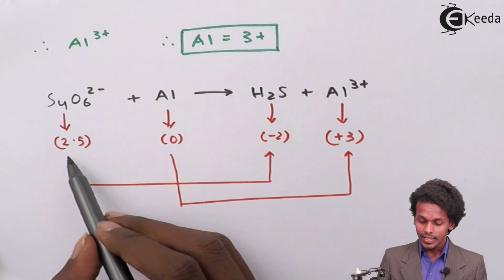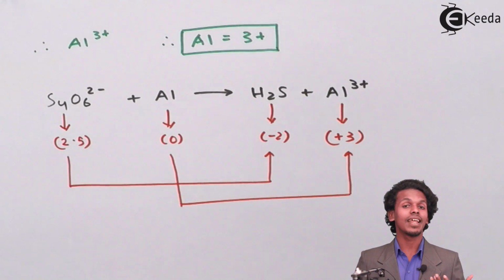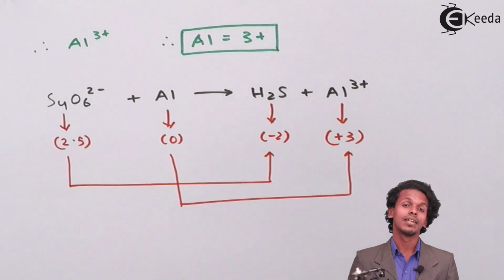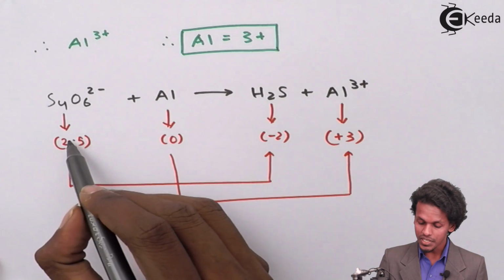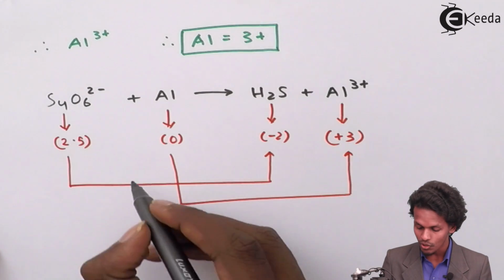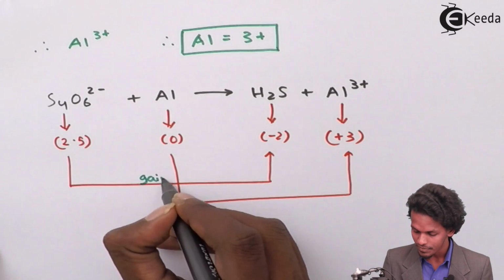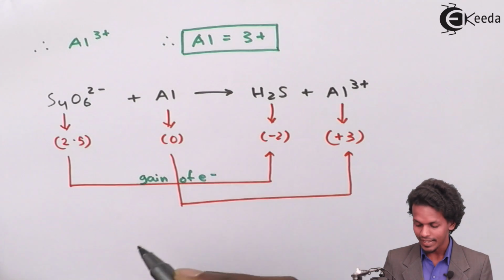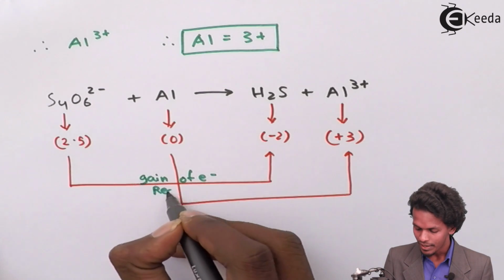So therefore, the electron would have been accepted in this reaction. Since the oxidation number is decreasing, there should be an acceptance or gain of electron, and gain of electron is nothing but reduction.